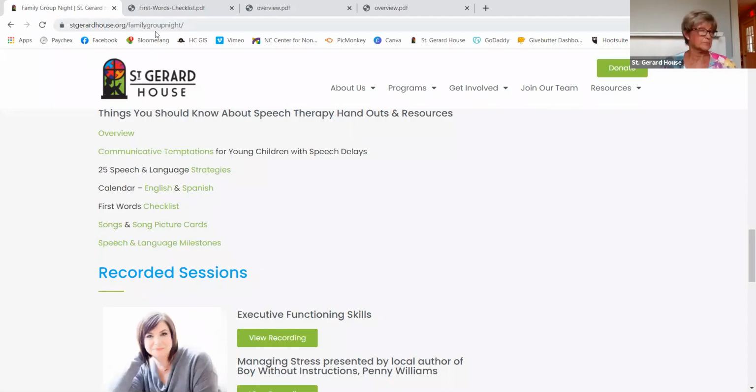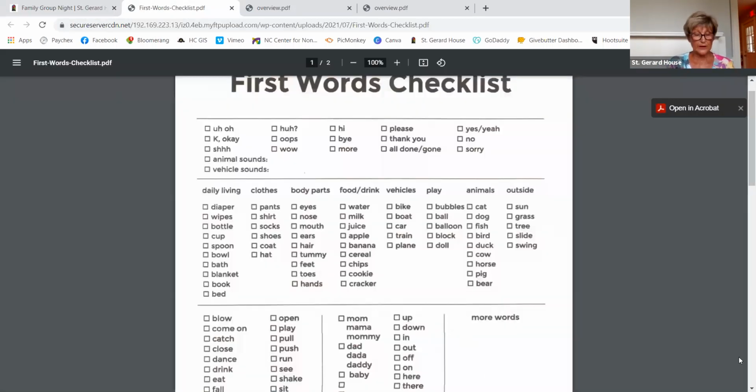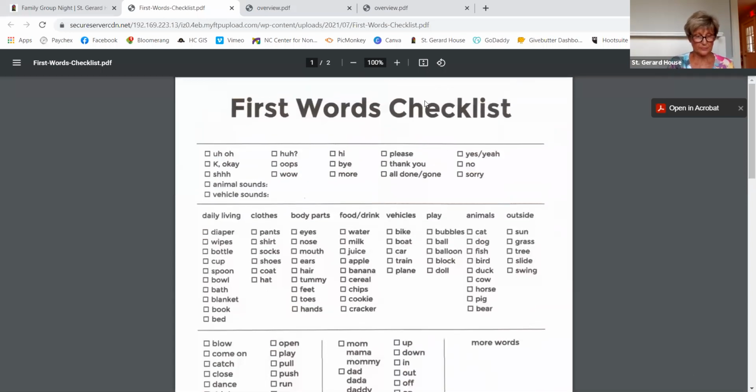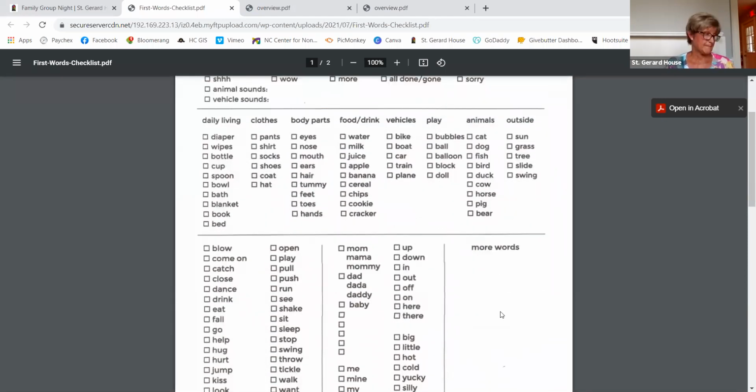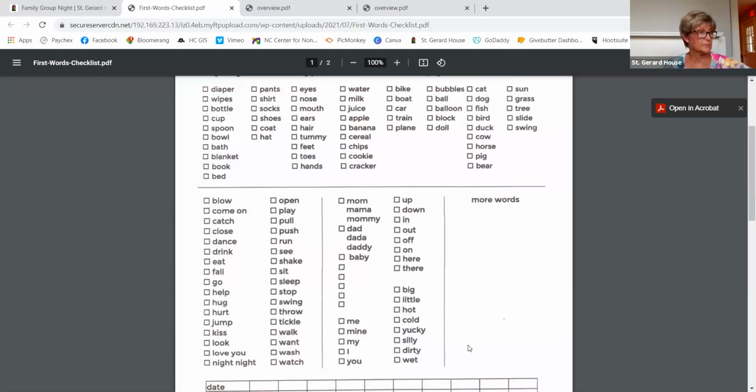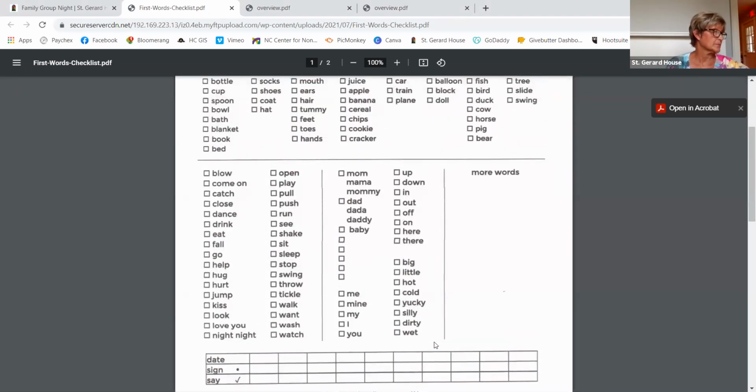Again, if you go to St. George House Family Group Night, it is right here under First Words Checklist. I know we're throwing a lot of information at you, but if you want to look at it later, this is a great thing to put on your fridge and scale what words I should be working on, or what are some good words right now for my child. This isn't age appropriate, this is developmentally appropriate.